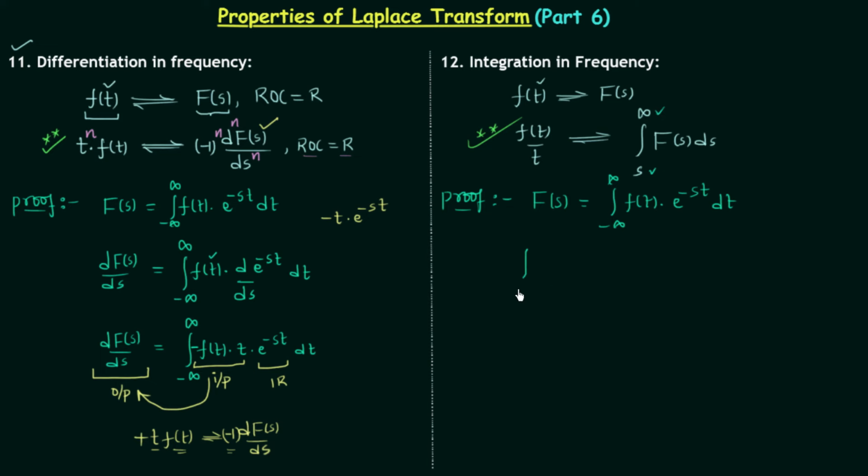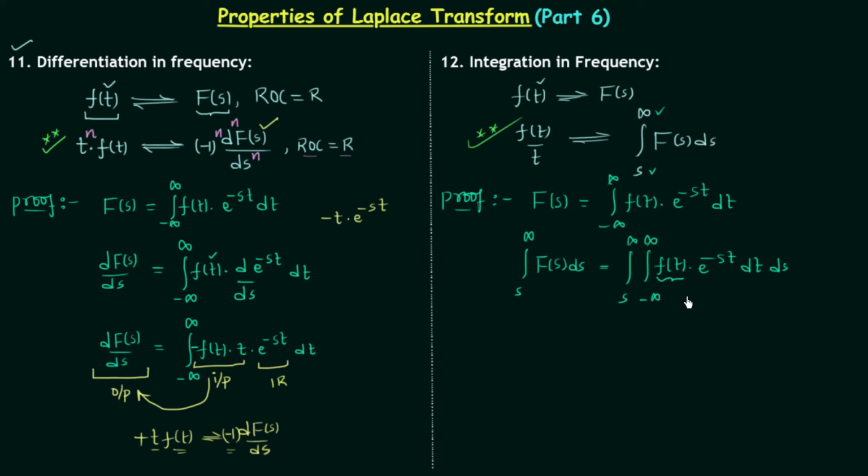This will give us the integration from s to infinity of F(s) ds on the left hand side, and on the right hand side we have the integration from s to infinity of the integration from minus infinity to infinity of f(t) multiplied by e power minus st dt, and it is clear that we are integrating with respect to s, and this makes f(t) a constant.